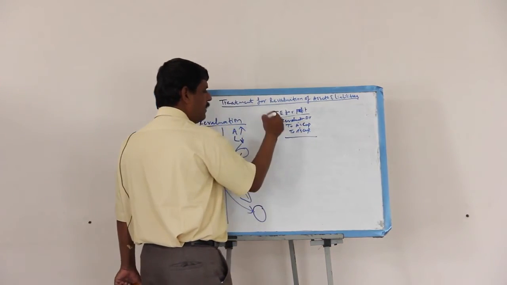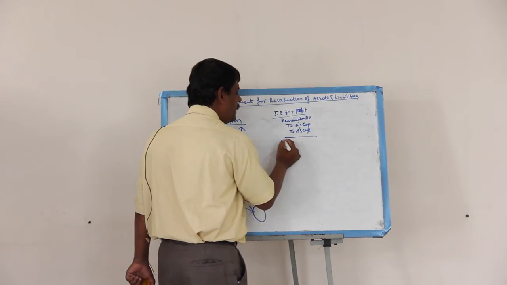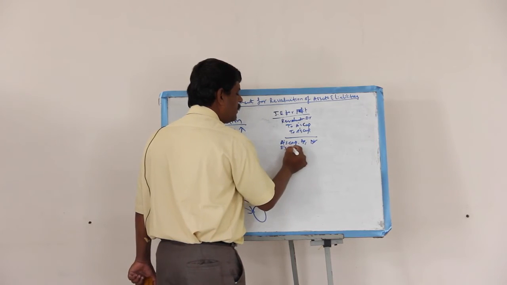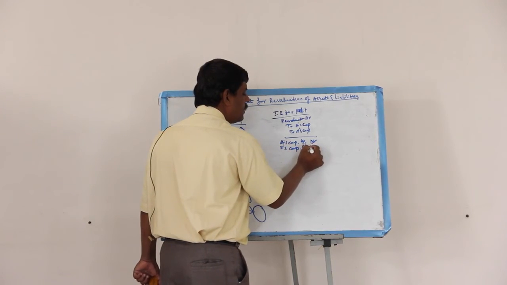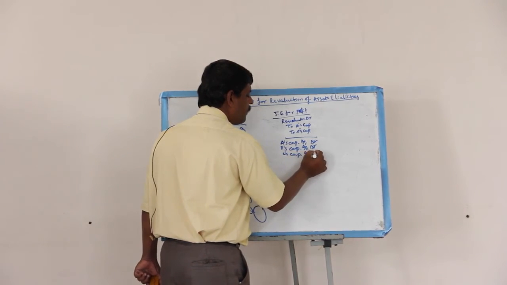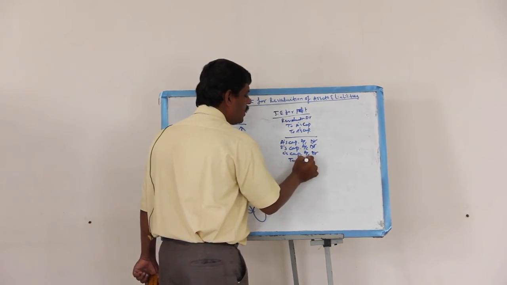Then reverse this. The entry will be A's capital account debit, B's capital account debit, C's capital account debit, to revaluation account.